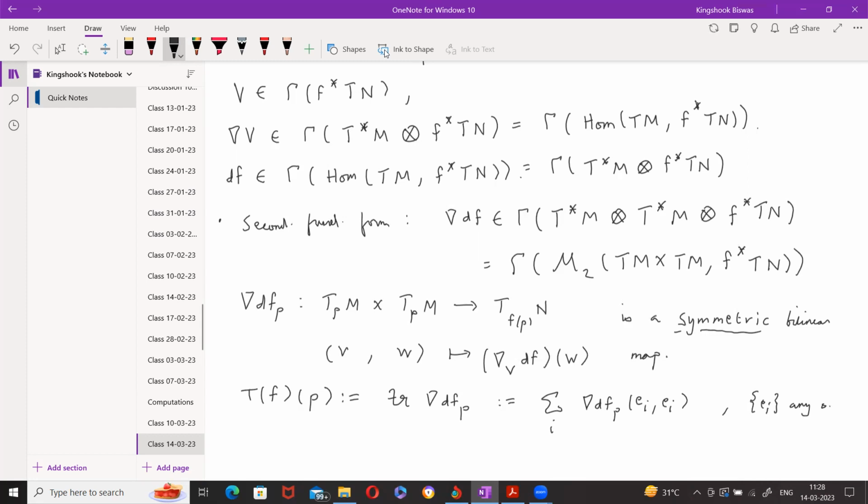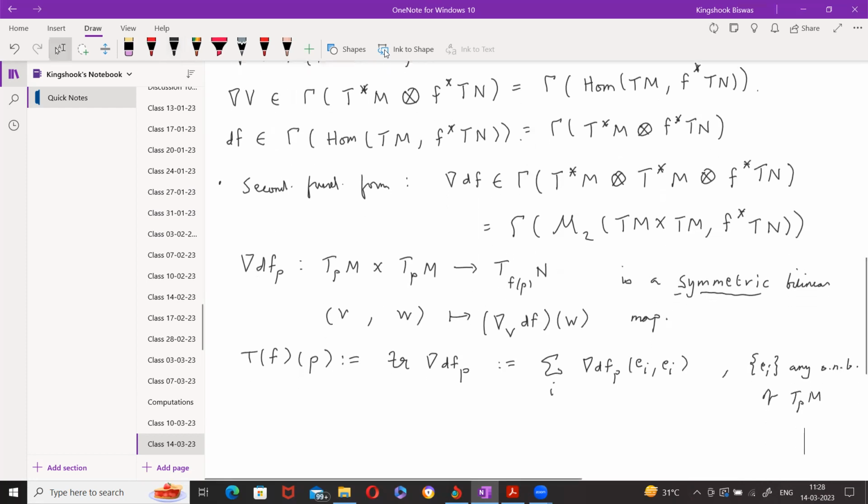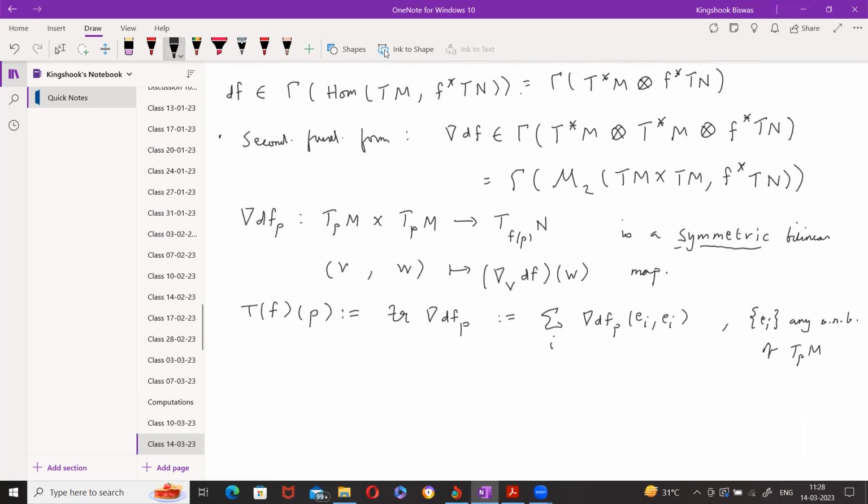We showed that this was well defined independent of the choice of orthonormal basis, right? And so this I can write as the sum over i of nabla e_i df applied to e_i.